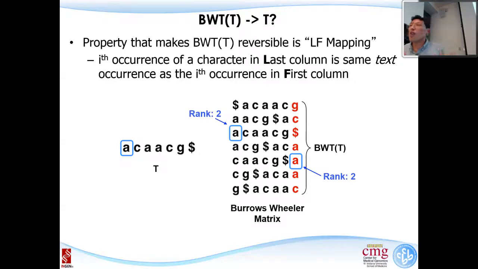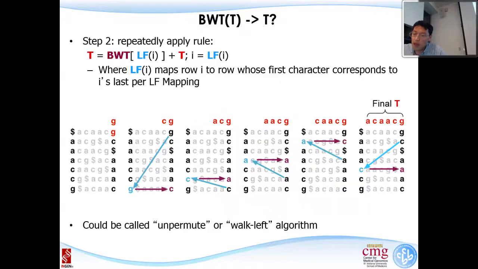It's very difficult to understand in plain English, but just think through that. What that really tells you is if it's rank number 2 in the last column, it is rank number 2 in the first column as well. Okay, that is the rule.